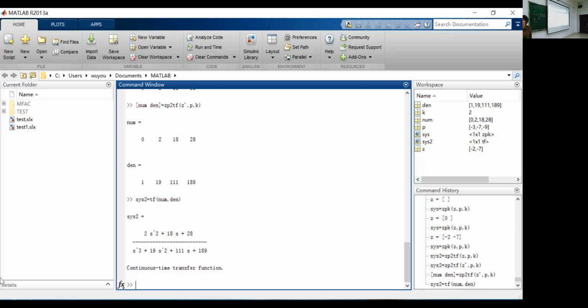We can compare it, we can just do it by hand to see the results, right? So here should be 2s squared, 18.